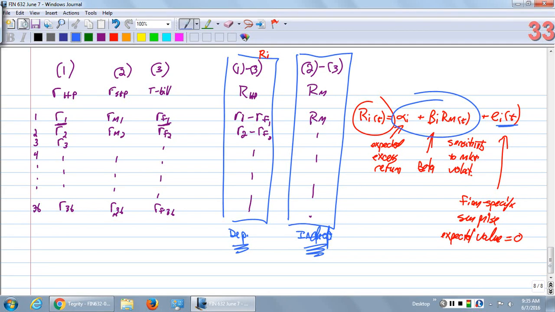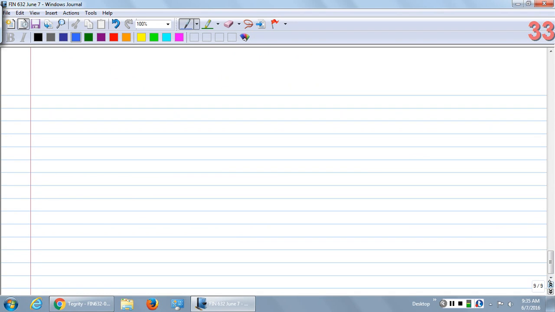Your textbook gives several examples, and there are some in the back of the chapter. One of the concept checks said, assume that a regression produces the following. It looks like there were 2 regressions done. The excess return of asset A is defined in that regression.